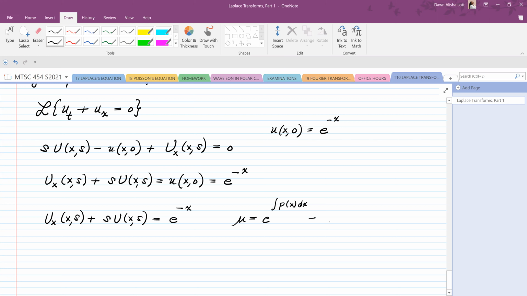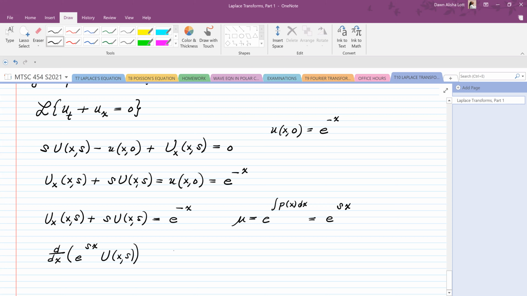And that's e to the sx. And so this side becomes the derivative with respect to x of e to the sx times capital U of x and s.